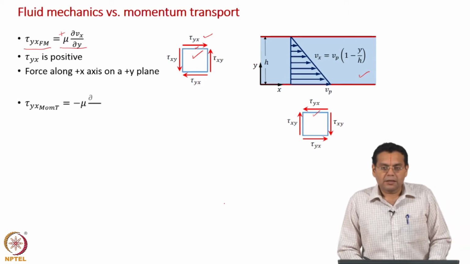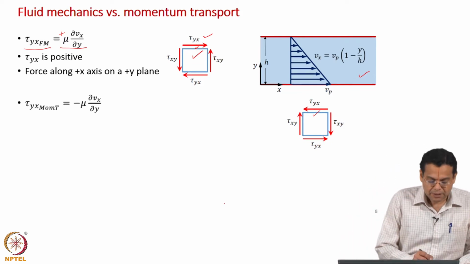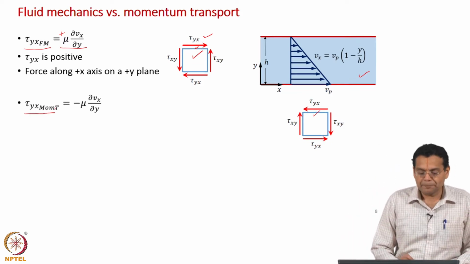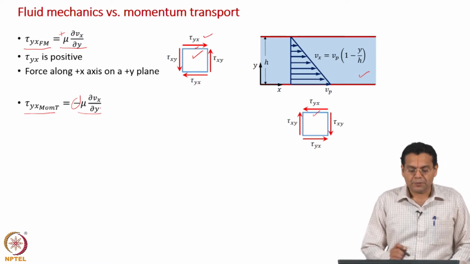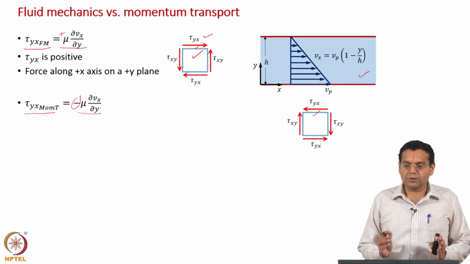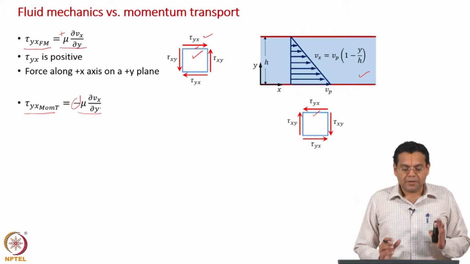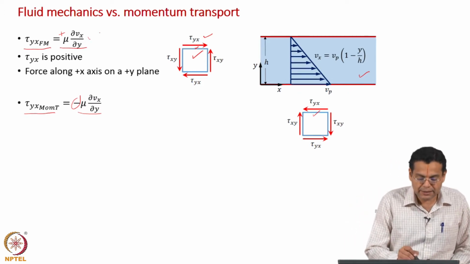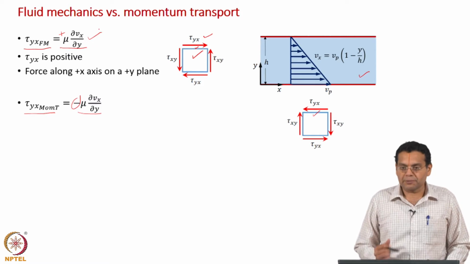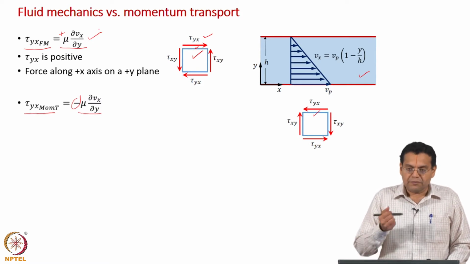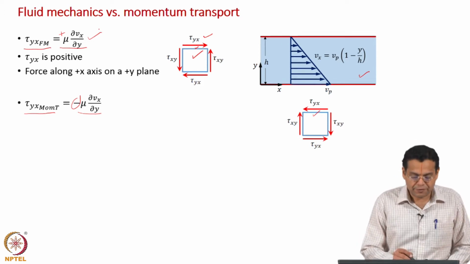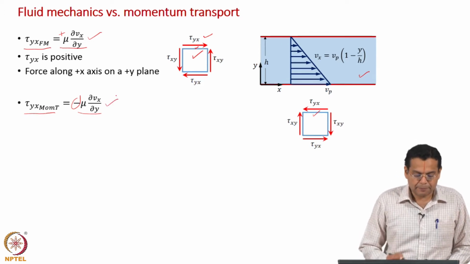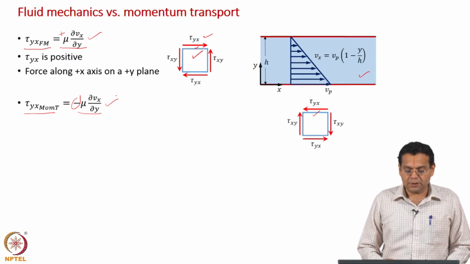Now what have we discussed? We have discussed tau ix in momentum transport as minus mu dou Vx by dou y. So far throughout the course, throughout fluid mechanics, we have discussed tau ix as mu dou Vx by dou y. Now when we came to momentum transport, because of our sign convention, we relate tau ix to dou Vx by dou y as minus mu dou Vx by dou y.